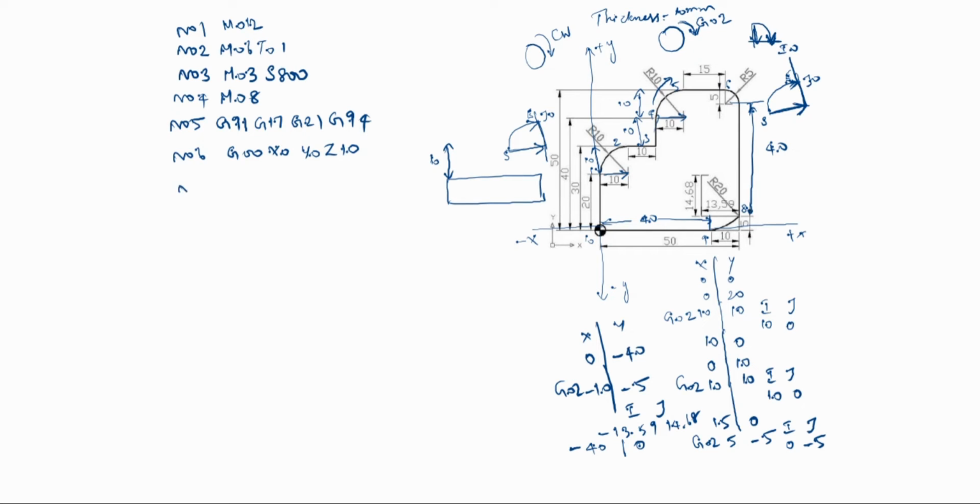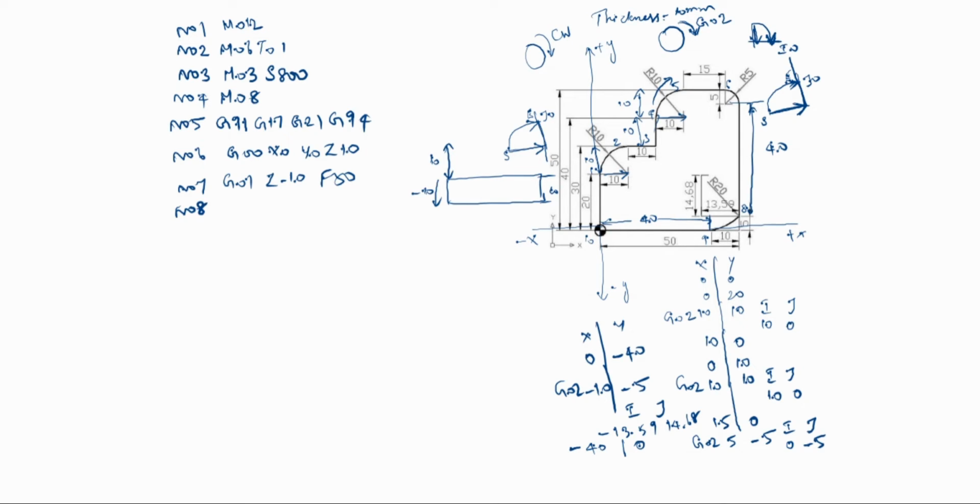After that N07, G01, Z-10, F50. Now the tool is above, no? Now -10 means the thickness of the plate is 10 mm. Minus means the tool comes down here. So -10.